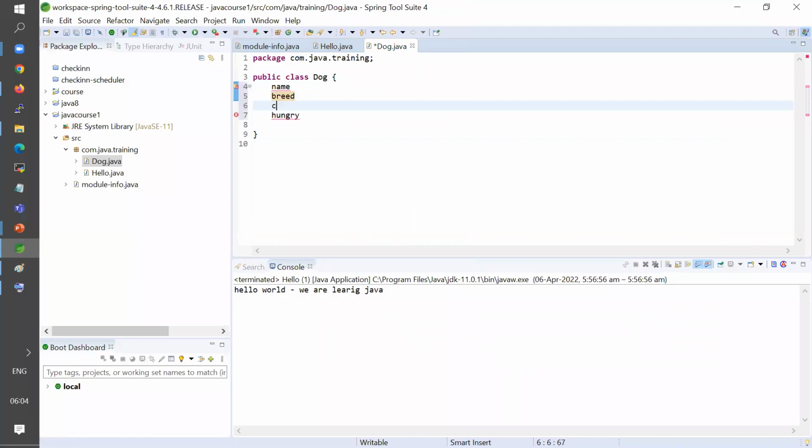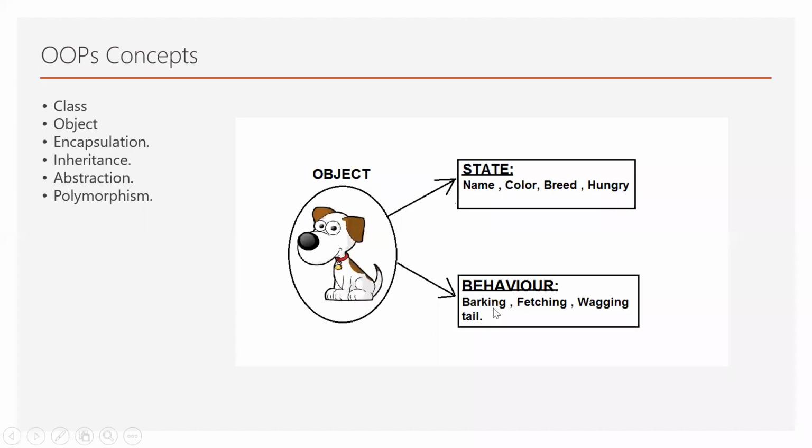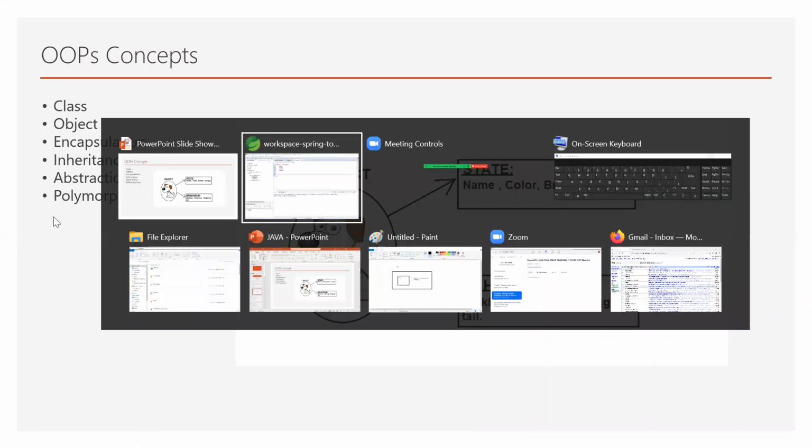Color, okay. And coming to the behavior of that particular object, you have barking, fetching, wagging tail.